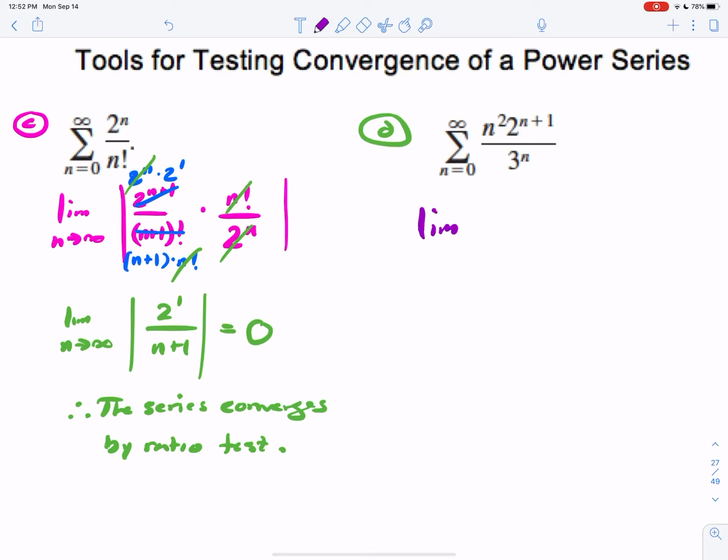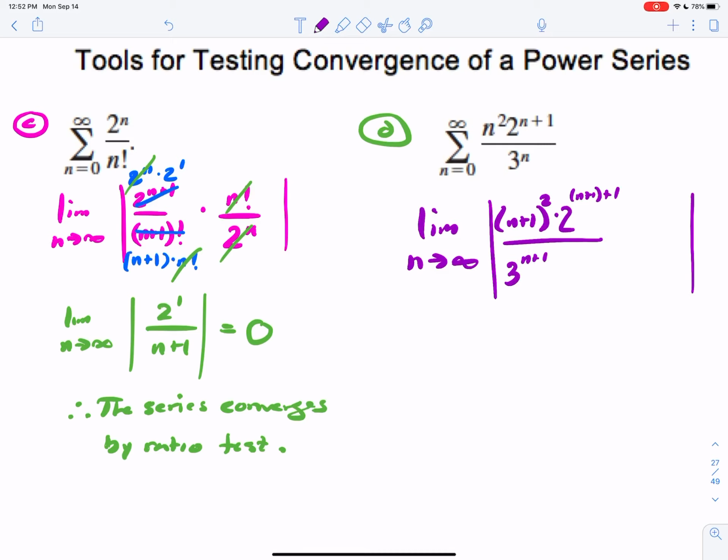Here we have the limit as n goes to infinity. We're going to take the absolute value. First, we're going to plug in our n plus 1 term. So that's going to be n plus 1 squared times 2 to the n plus 1 all over 3 to the n plus 1 times, or divided by, the original general term, or the reciprocal if we multiply it.